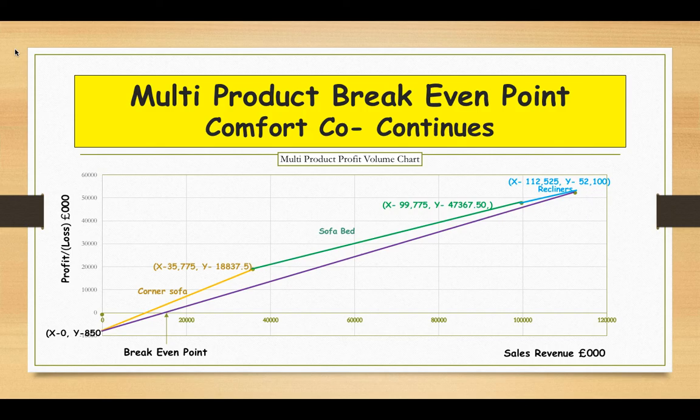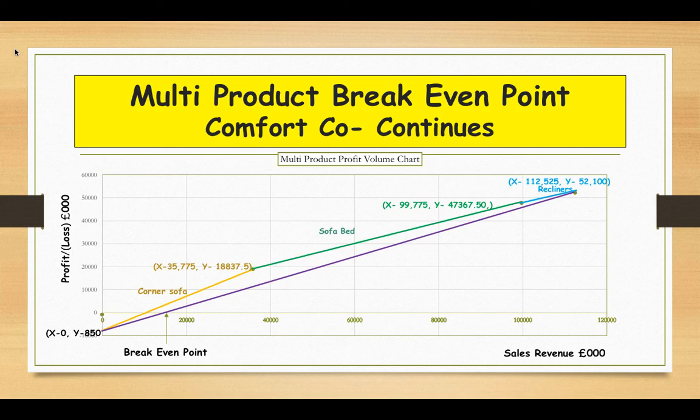So the first point on the graph, if you look at the very first point, that is minus 850, because the company at the beginning, if there is no sales revenue, the company will incur a loss of the fixed cost, which is the 850,000 negative. So to get the next point, like our corner sofa point, that's our highest contribution earning product.